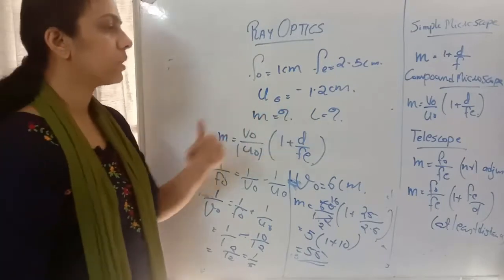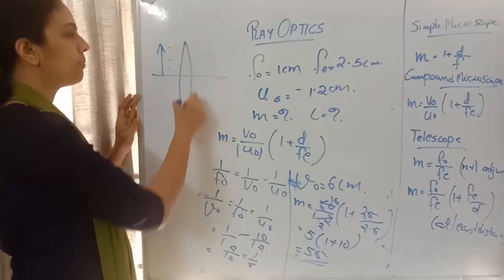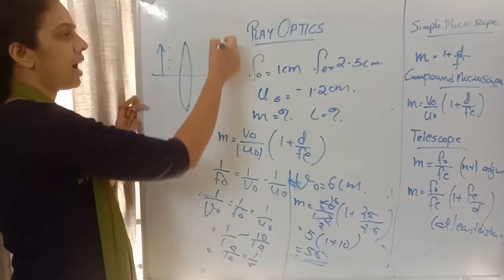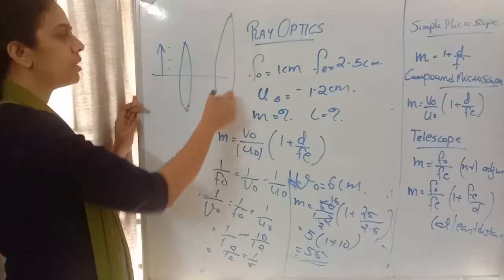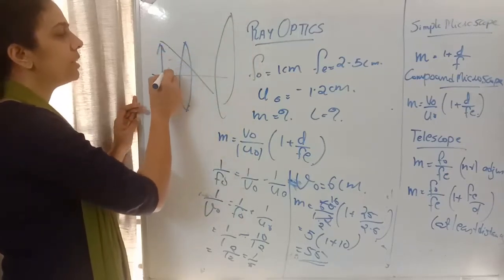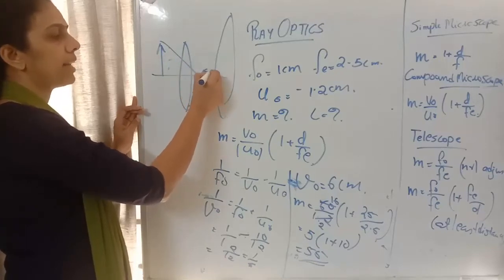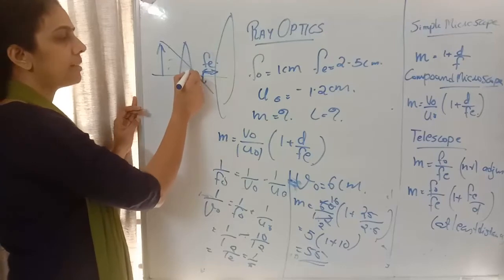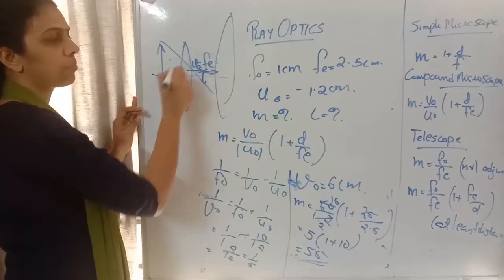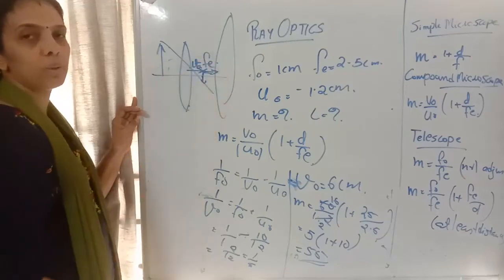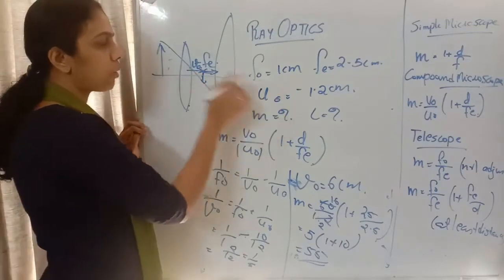Now we need to find out the length. So if we have an object like this, this is the objective, and eyepiece will be a little bit bigger than the objective. Here the image will be forming at infinity, at this point. Here this will be the focal length of the eyepiece, and here this will be the image formation, VO. VO plus FE will give you the length of the tube at normal adjustment.